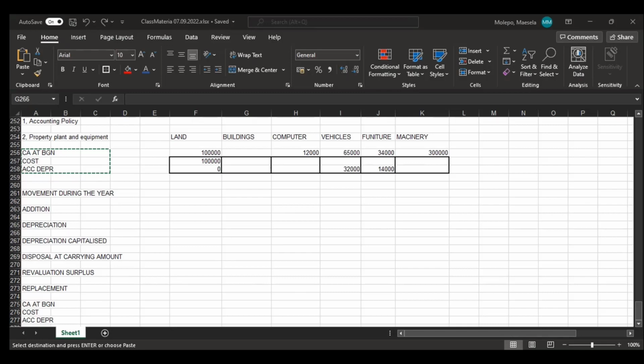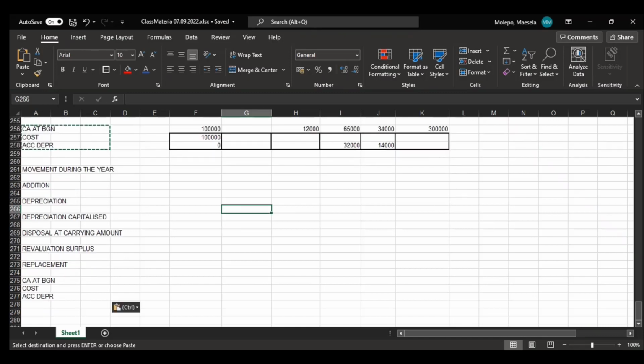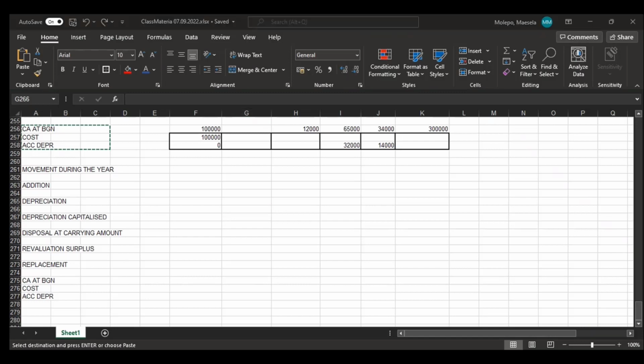Now we can go to the additional information. Additional information number one is fine. We will deal with it as it goes by. They say computer equipment was purchased on 28th February. Number three, machinery depreciated for 2 years, has already depreciated for 2 years.